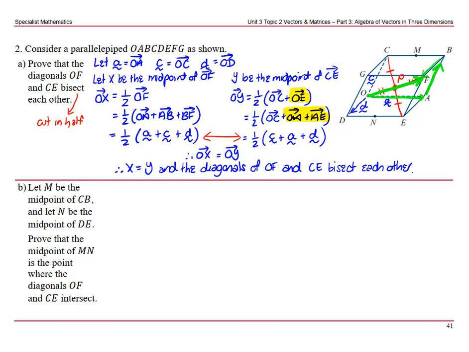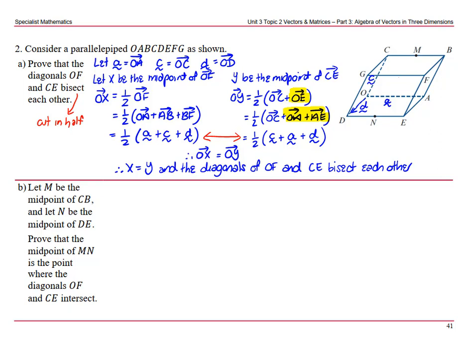Now the next one, let M be the midpoint of CB and N be the midpoint of DE. Prove that the midpoint of MN is the point where the diagonals OF and CE intersect. Again, draw a diagram if you need to. I'm going to get rid of all of my annotations from the previous part.